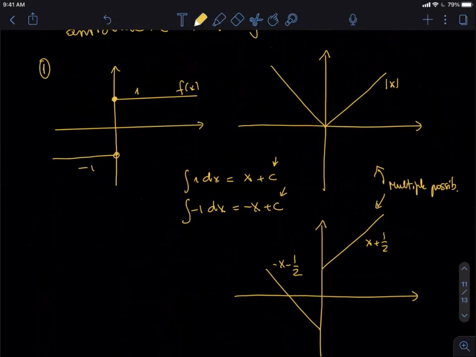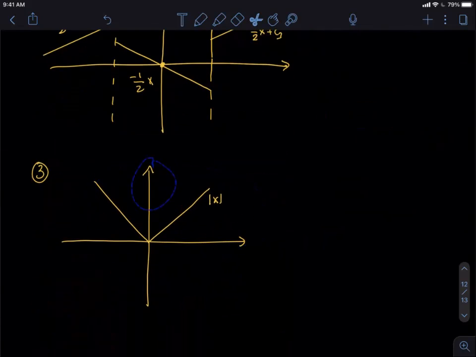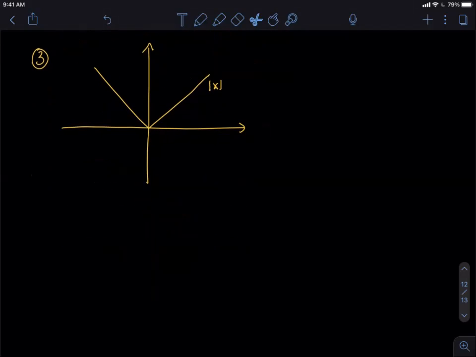So let's take the antiderivative of the absolute value of x. Okay, we can take multiple antiderivatives the same way we can take multiple derivatives. So here we have the axis. And here maybe we can do it geometrically or we can do it with calculus.